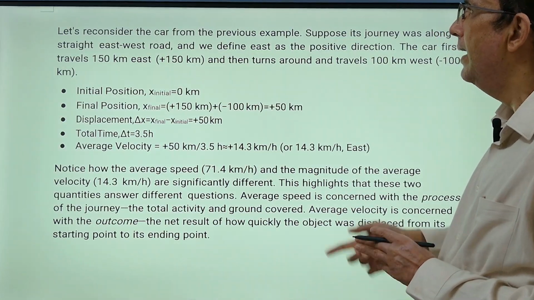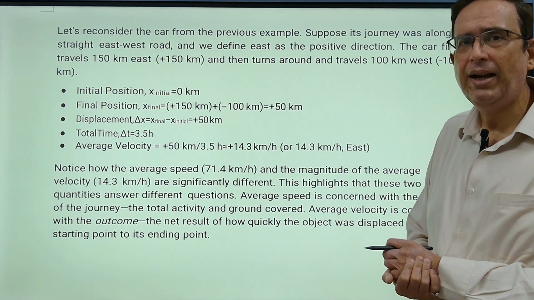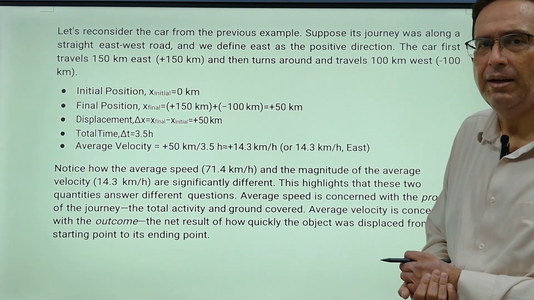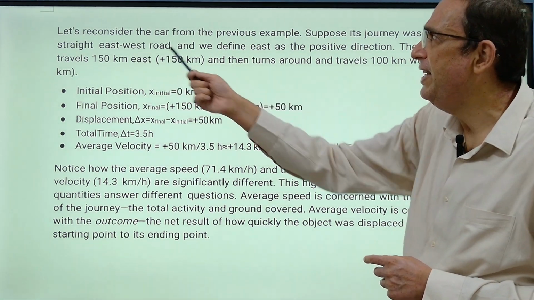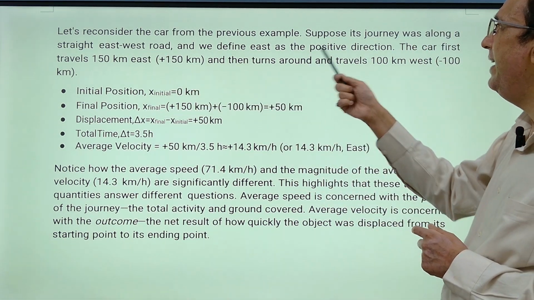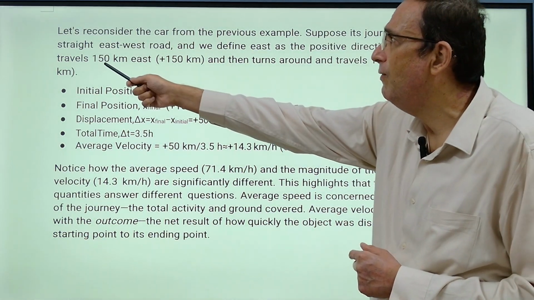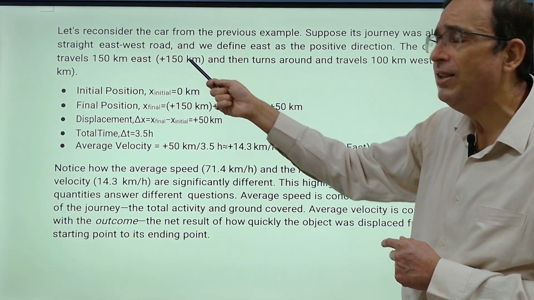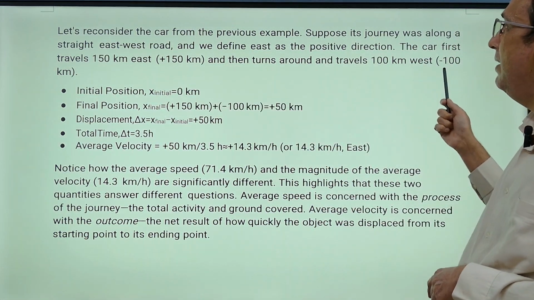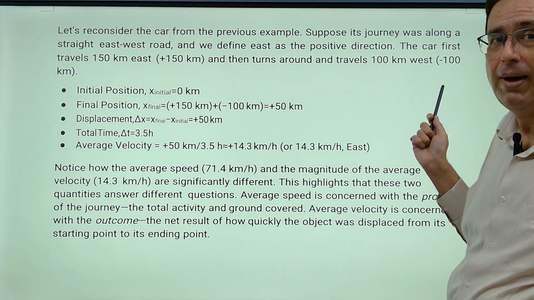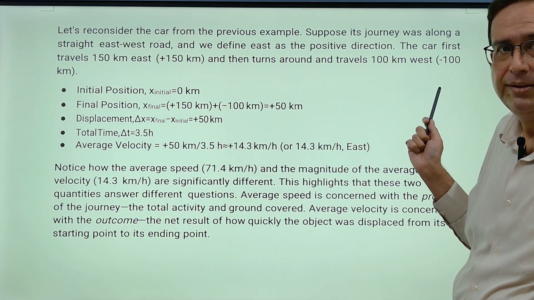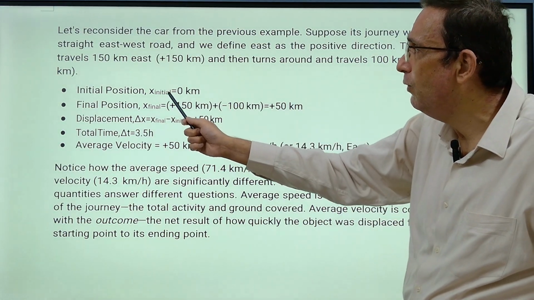So again, reconsider the same kind of situation that we had earlier. In the previous example, it was an east-west road and we defined east as positive. The car traveled 150 kilometers east, which is plus 150 kilometers, and then turned around and traveled 100 kilometers west, which is minus 100 kilometers. The initial position was 0.